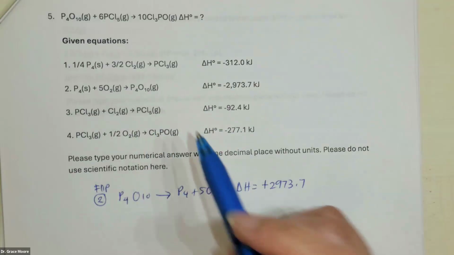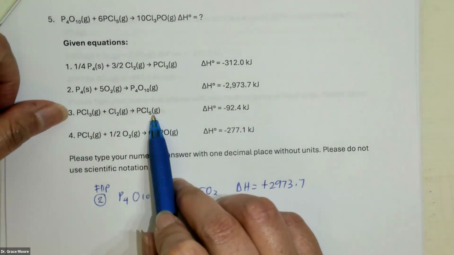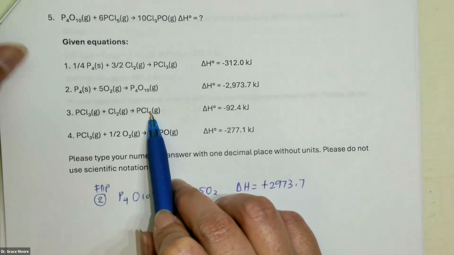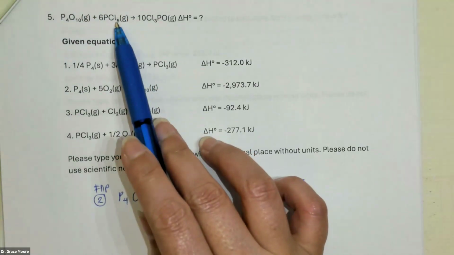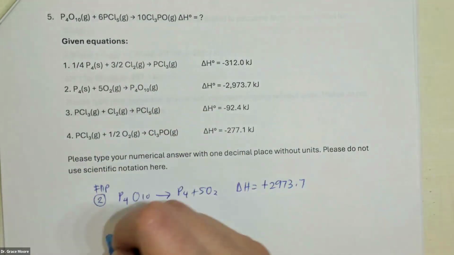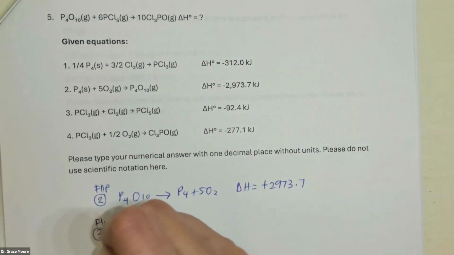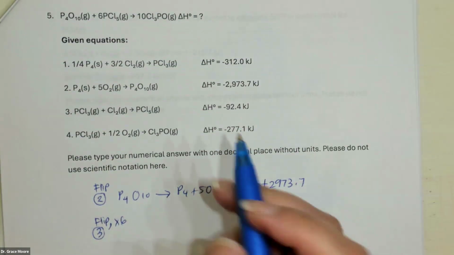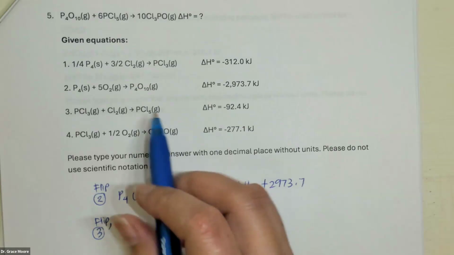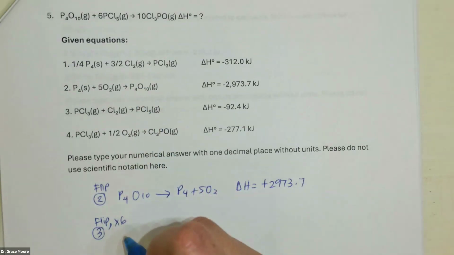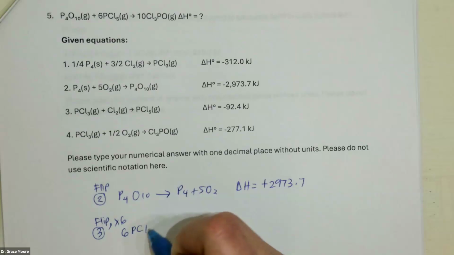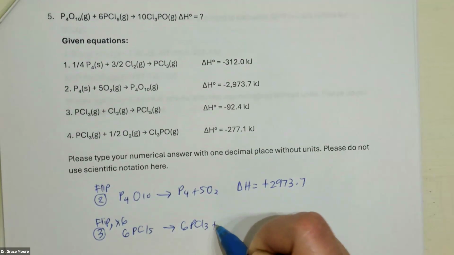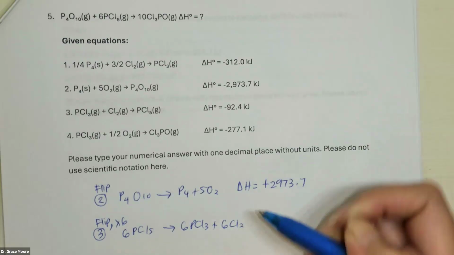If you take a look at your option of PCl5, right now you have it on the product side, just 1 mole, but you really need it on the reactant side, and you need 6 moles. So you should flip it to get it to the correct side, but then you also have to multiply by 6 to get the correct number. So for line 3, you get 6 PCl5 goes to 6 PCl3 plus 6 Cl2.